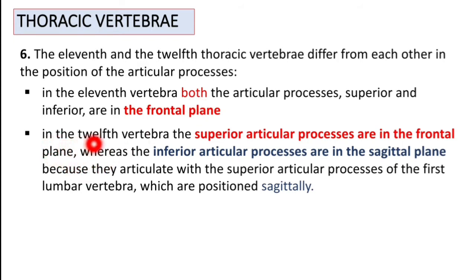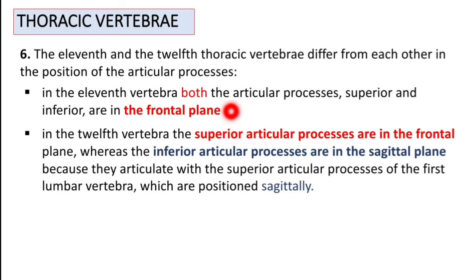In the 12th thoracic vertebra, the superior articular processes are in the frontal plane, whereas the inferior articular processes are in the sagittal plane because they articulate with the superior articular processes of the first lumbar vertebra, which are positioned sagittally, right?